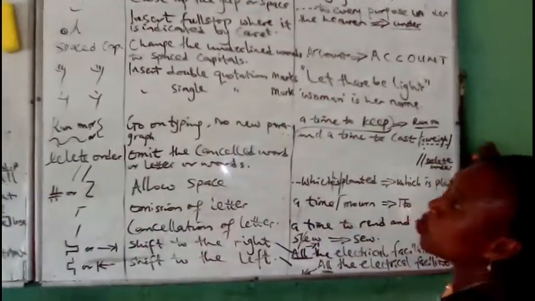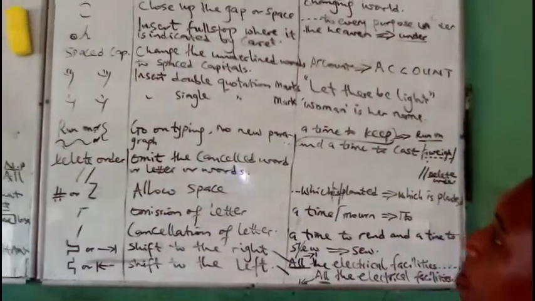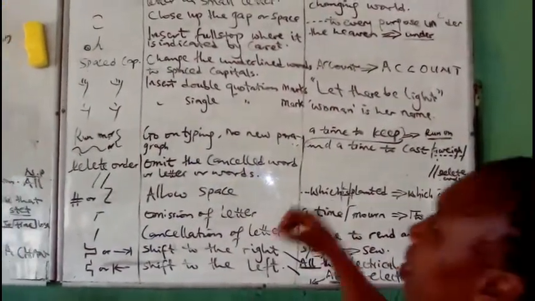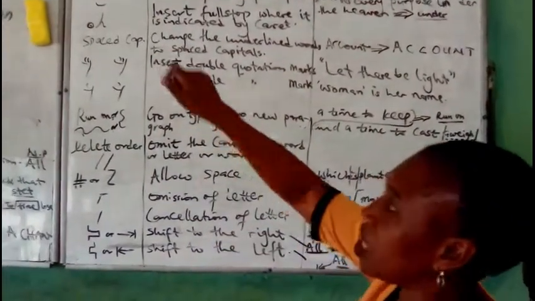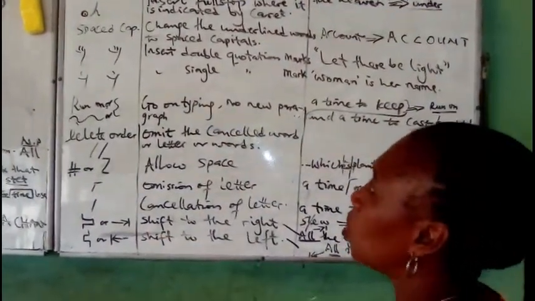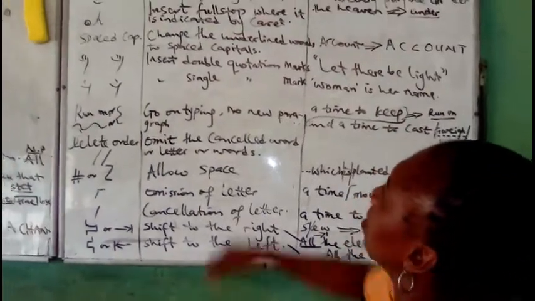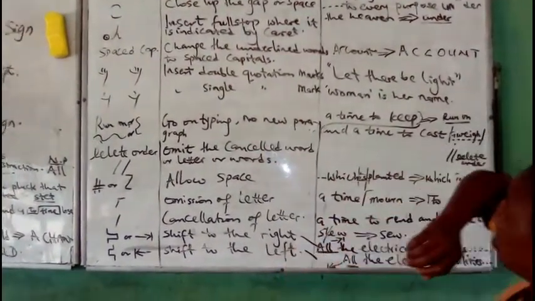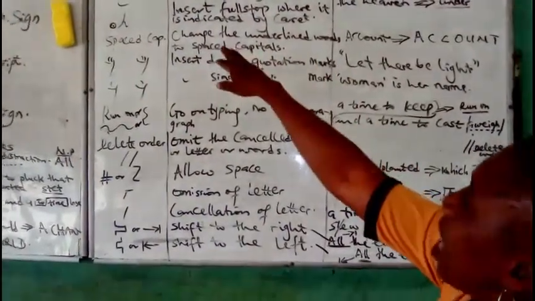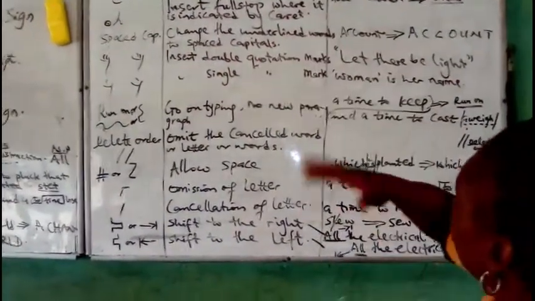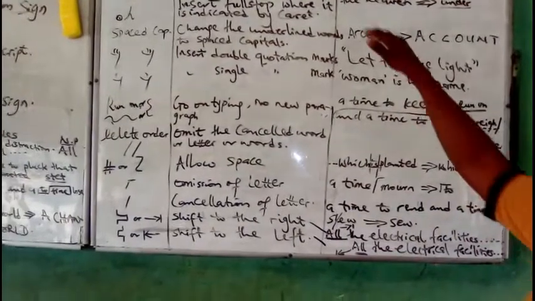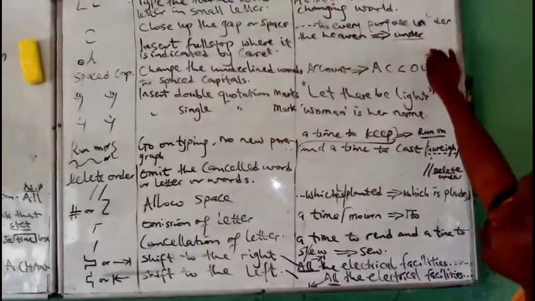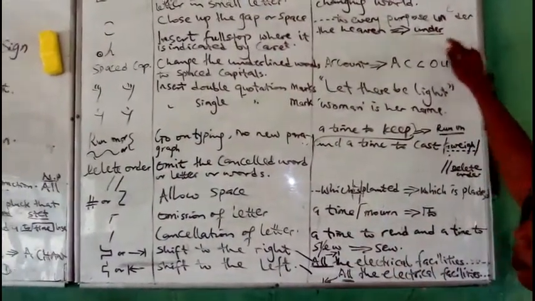At times it may be quotation mark or semicolon or comma. Anyone who asks you will give you the caret before giving you what you will insert. So here he said you should insert full stop where it is indicated by the caret. So when you write a sentence and you didn't put full stop, it will give you the order.